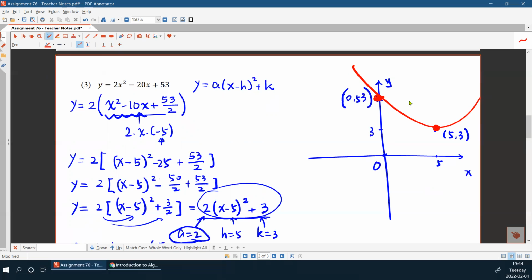And let's label the function next to its curve. So this is a complete sketch of the graph of this quadratic function. Also, I forgot to label its axis of symmetry, because the question asks us to also label the axis of symmetry, which is x equals 5 in this question.